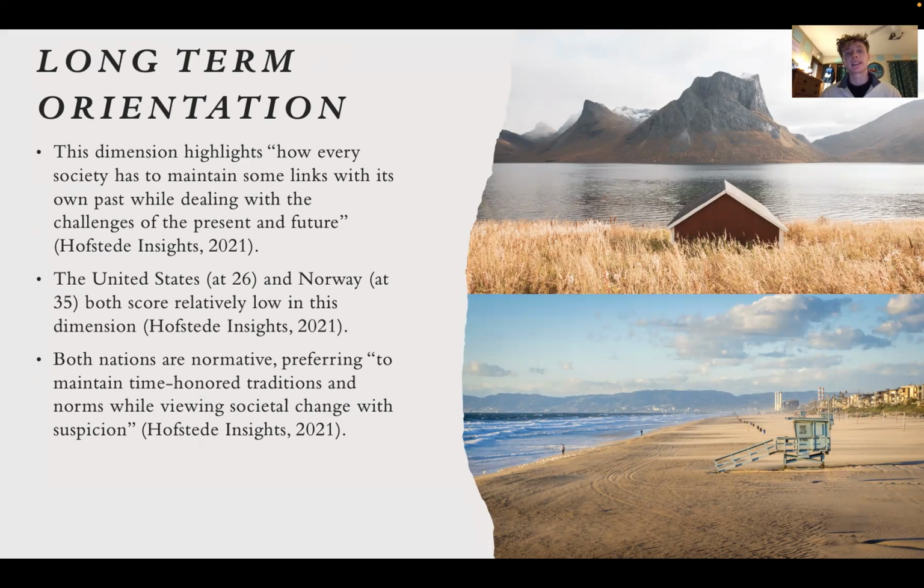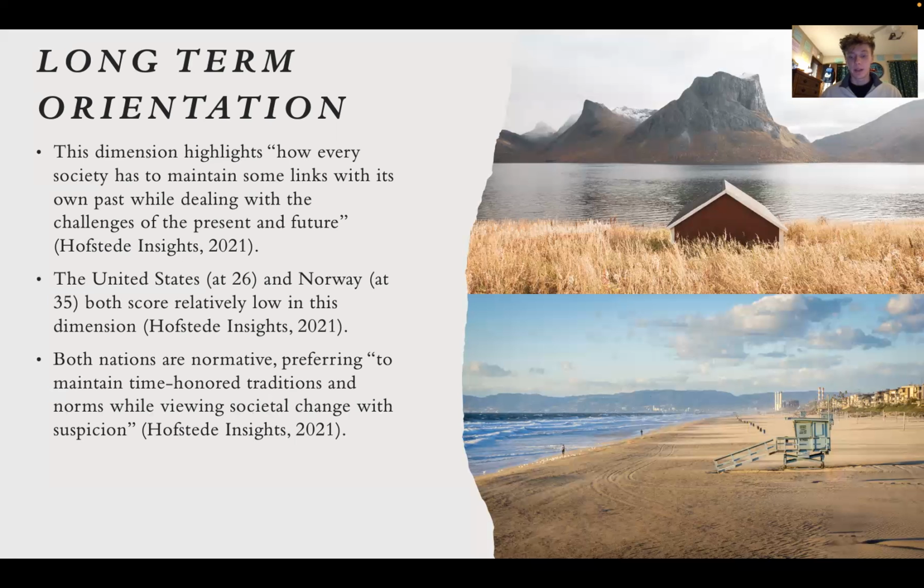So both the United States and Norway are very low at this. The US has 26 out of 100, Norway has 35. And so both nations are what we call normative as opposed to pragmatic, which means that we typically prefer to maintain time-honored traditions and norms while viewing societal change with suspicion.